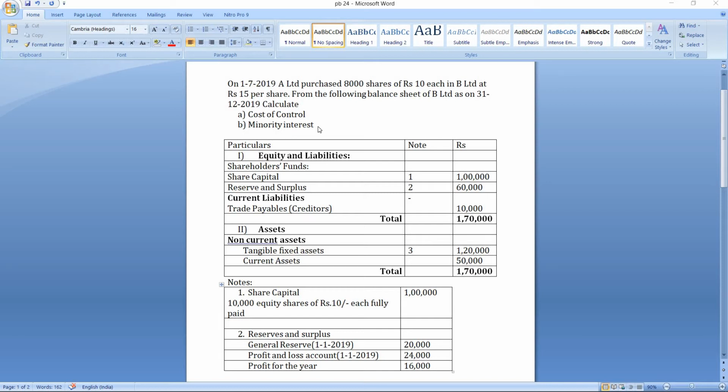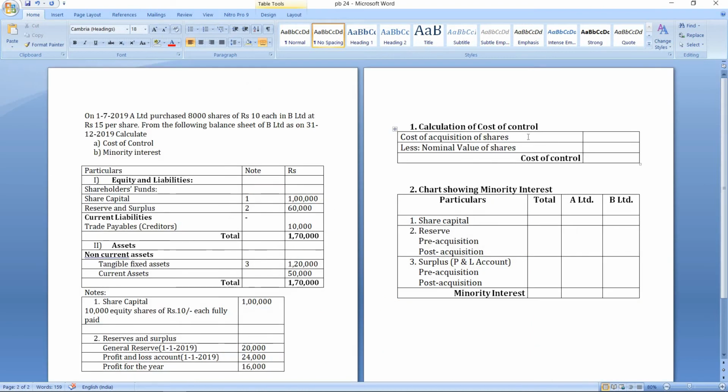So let us start our calculations with cost of control. First we have to consider cost of acquisition of shares. A Limited has purchased 8,000 shares for rupees 15 per share. So cost of acquisition is 8,000 into 15, that is 1,20,000, less nominal value, that is actual value of shares.